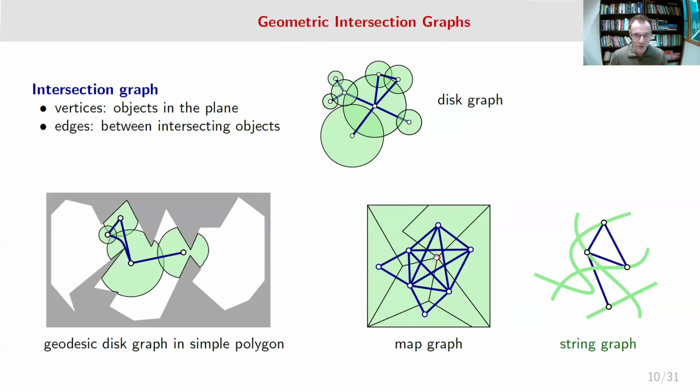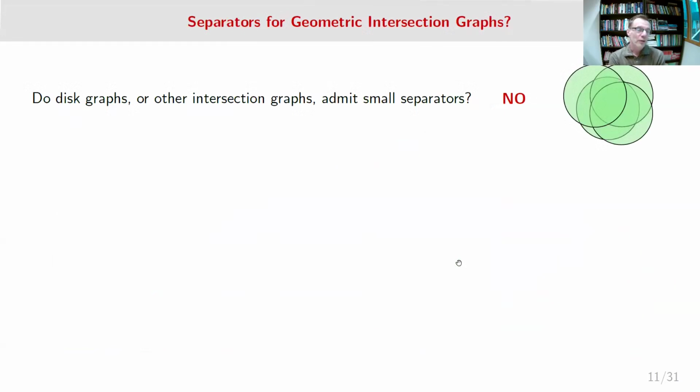You have all these regions around it that are touching in this vertex, so they form a clique. So this graph is not planar. And there are many other types of intersection graphs we could look at. Of course, these graphs do not have small separators, because they can have arbitrarily large cliques, and if you have a large clique, there's no way you can have a small separator.